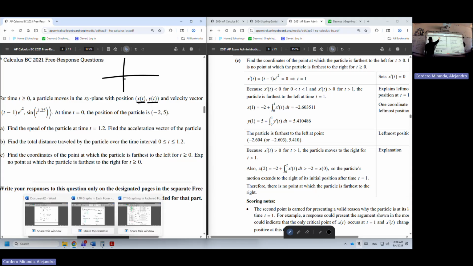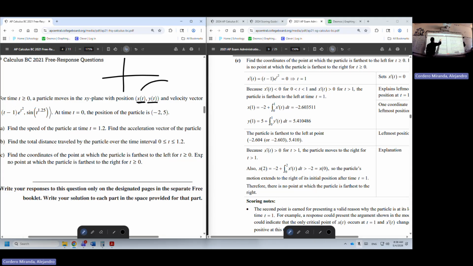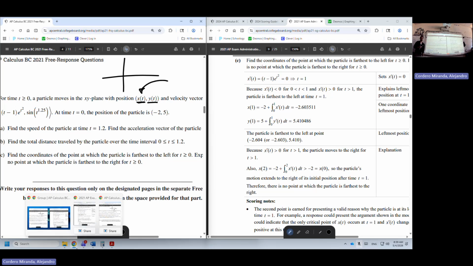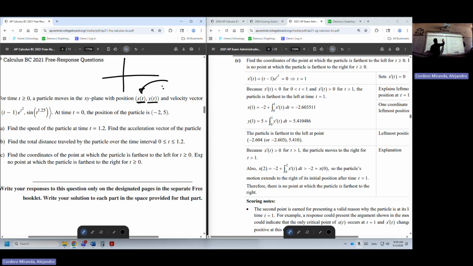So if I want to find out where it is farthest to the left, I only care about the x coordinate, and I care about when that's the smallest. Convinced? So therefore, I just want to find out when this is the minimum. In other words, I need to minimize this.